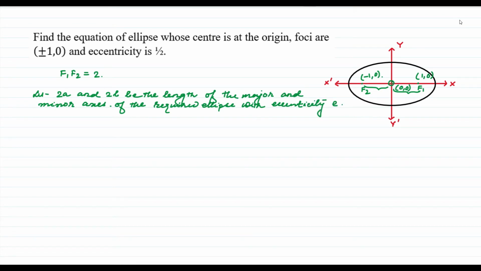So we should write here F1 F2 is equal to twice ae.